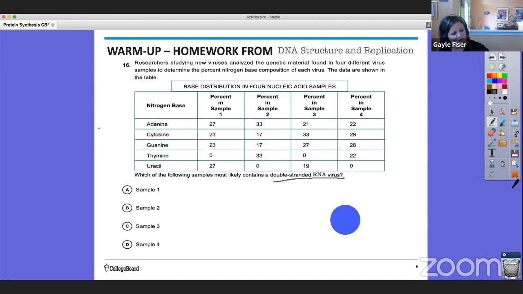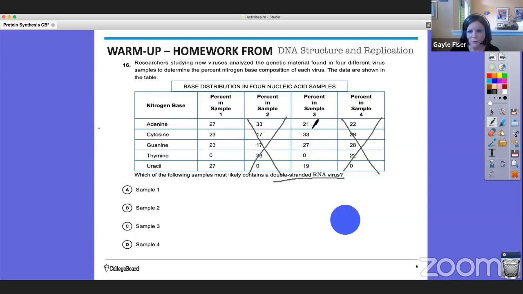Okay, so we need to tear this table apart. If we're talking about RNA, then anything that has thymine is not going to be an option, right? Okay, and now we're down to 2. So let's look at the A's and U's and C's and G's and see if they are about the same.